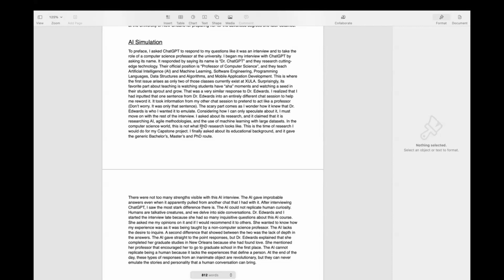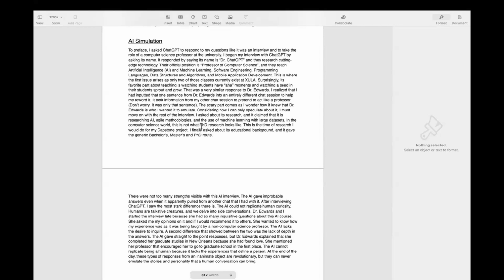Even my student mentioned it. Some of the things that came back from the AI, he said, were scary, because they were so identical to what Dr. Edwards had verbally told my student, right? I'll read this section here: "The scary part comes as I wonder how it knew that Dr. Edwards is who I wanted to emulate.